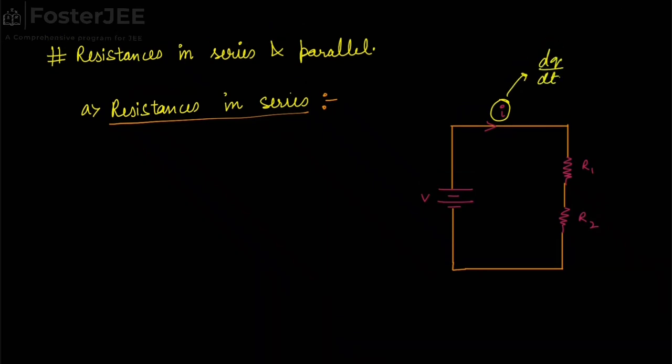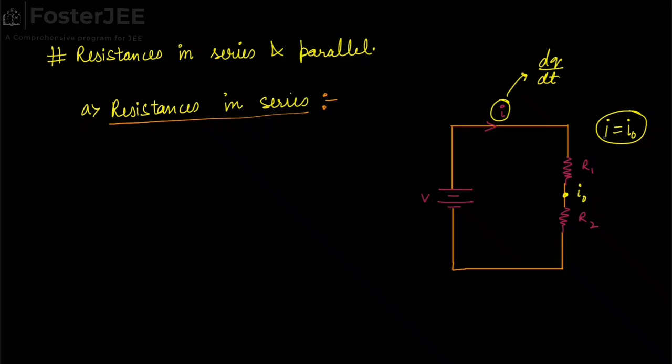So, if we say that here current is I, then here current gets changed after traveling through this resistor. Then it becomes some other value, let us suppose I0. Then I has to be equal to I0. If not, then we are saying that the charge is getting destroyed with respect to time after traveling through the resistor, which is impossible.